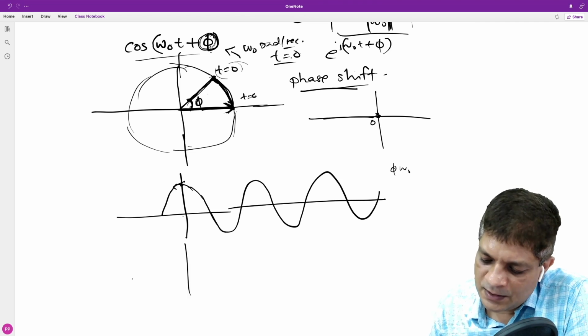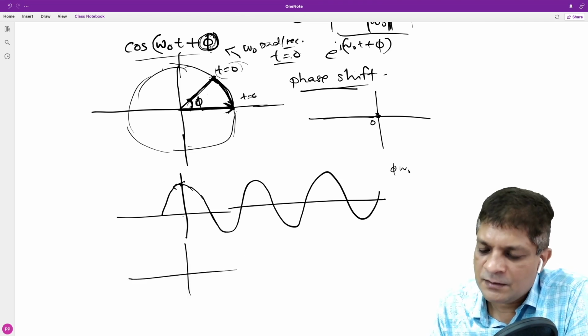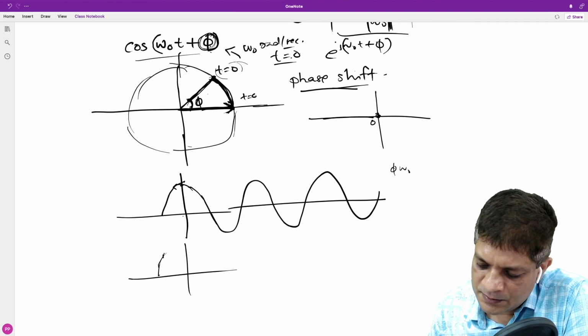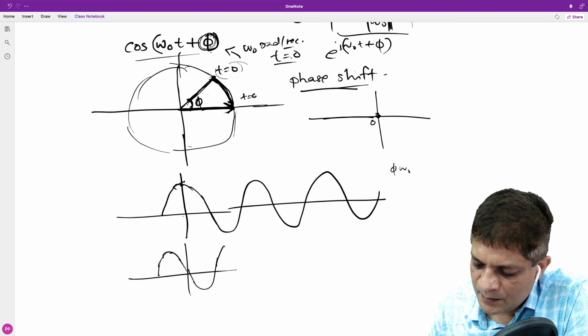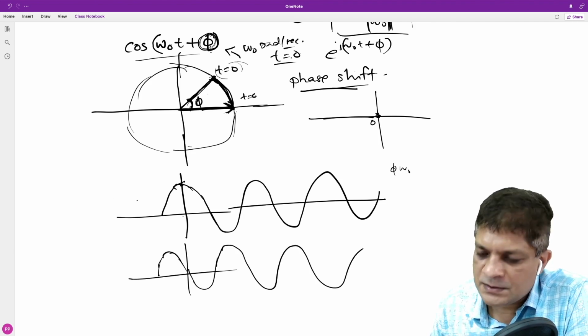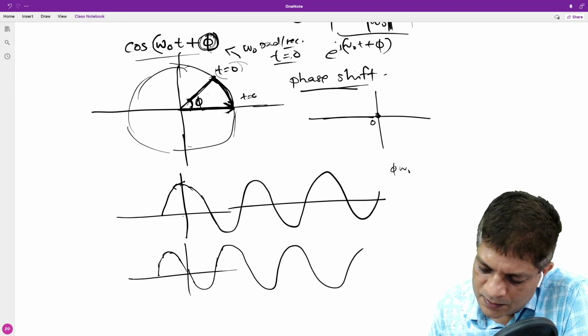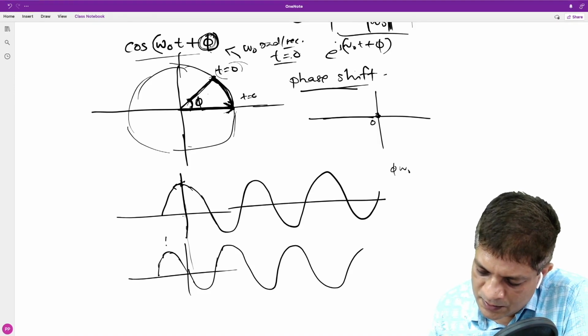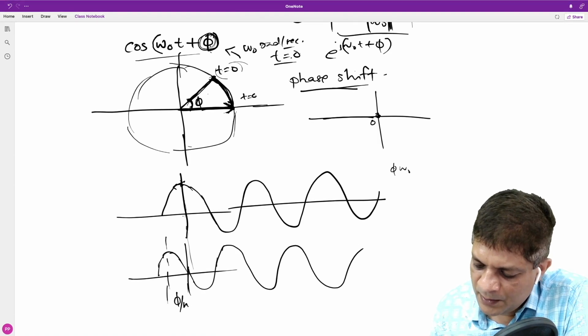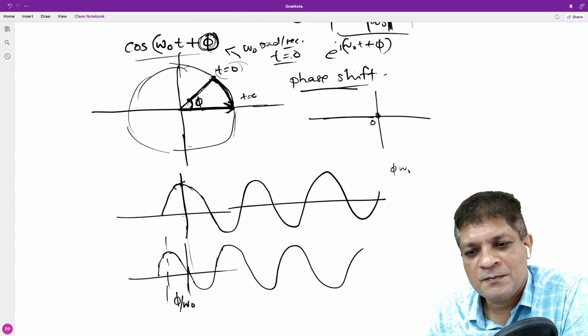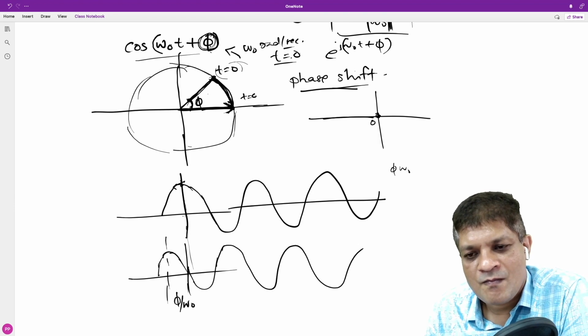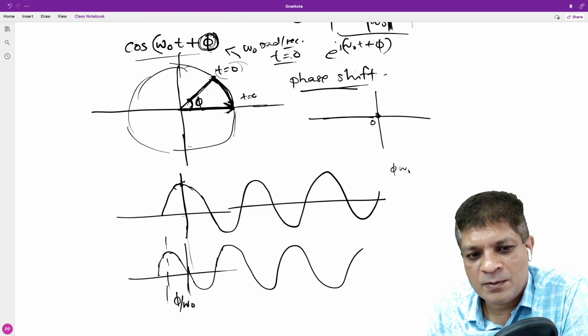So this cosine signal with a phase shift is a shifted version, shifted left, and this difference is how much? Phi by omega naught.